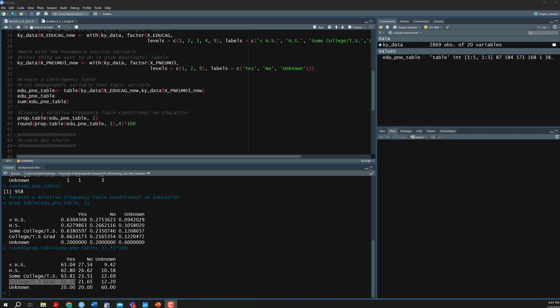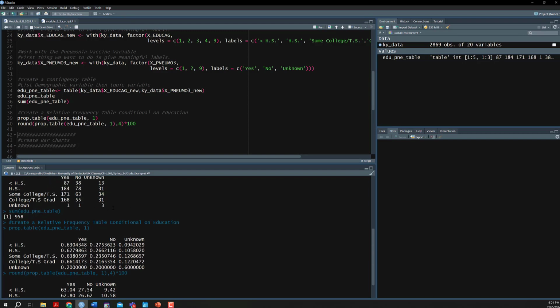The other thing that can be kind of tricky with these is notice if we look here at this unknown, we have 20% and 60%. This is where the counts can come in and help us, because if we come up here, those are actually only representing 5 people.